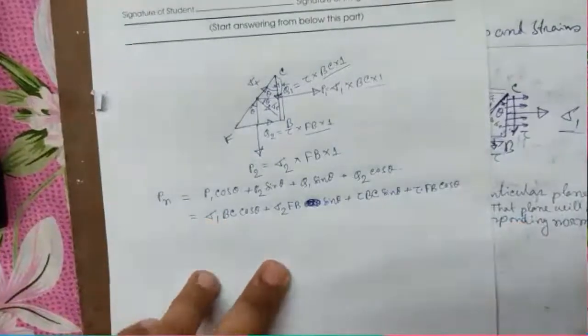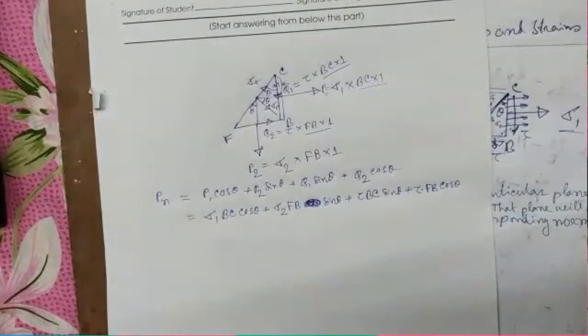We are putting in the values of P1, P2, Q1, Q2.